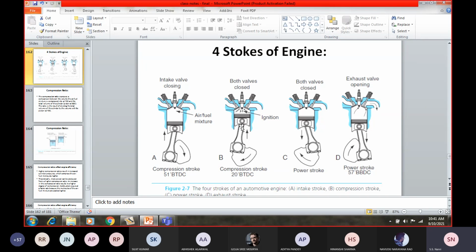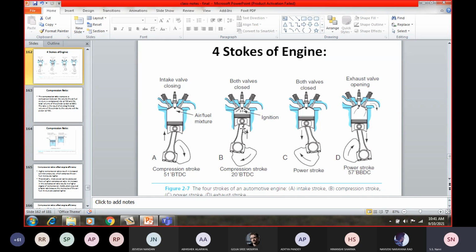In the same engine, suppose you have isooctane, which is a very good fuel, a gasoline molecule. If you have an isooctane molecule, suppose you are having pure isooctane, what will happen?